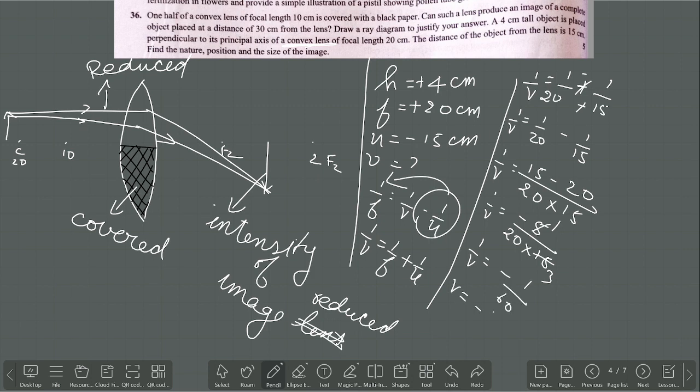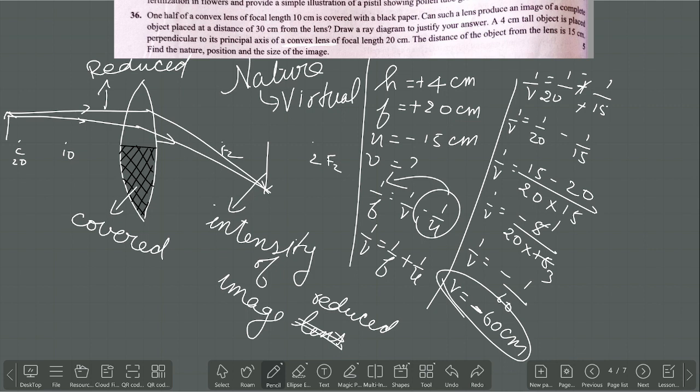So v is equal to minus 60 centimeter. So here the answer you are getting is in the form of minus. Minus in the lens means it will be either on the left side or the right side. Left side it will be. Left side means the nature of the image is going to be virtual. Clear? We found the nature.